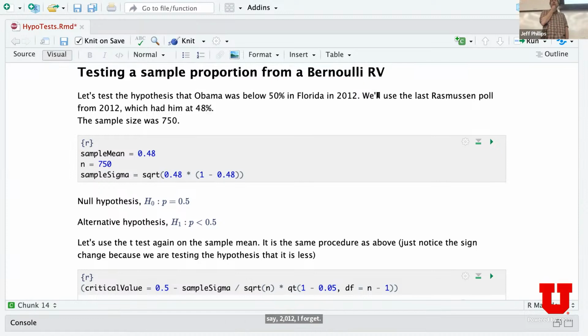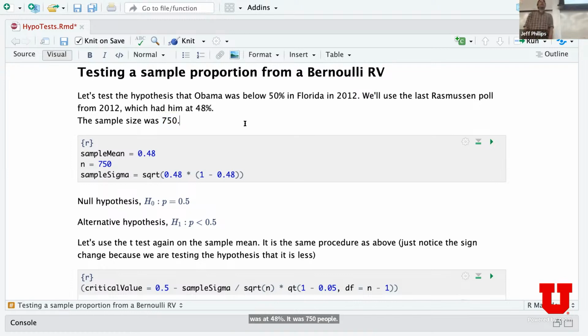Let's test the alternative hypothesis that he was not going to be the winner of Florida, that below 50% of the people wanted to vote for him in 2012. In the last poll, the Rasmussen poll, he was at 48%, with 750 people.